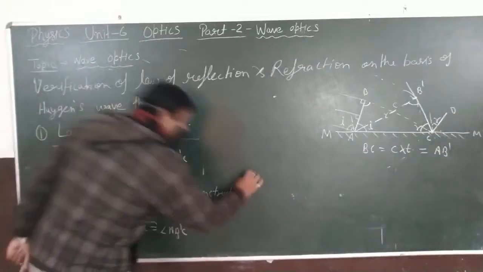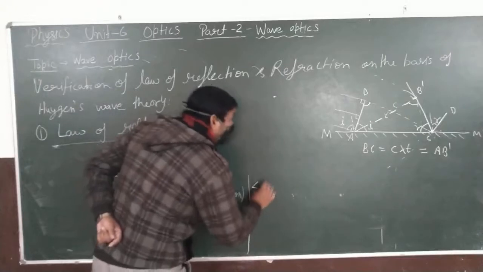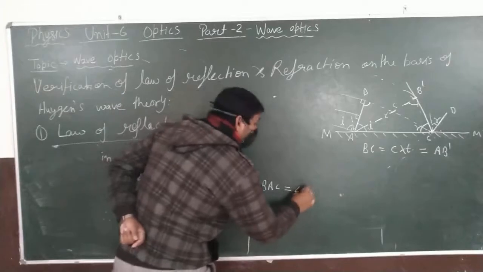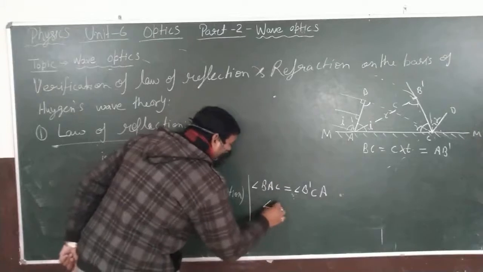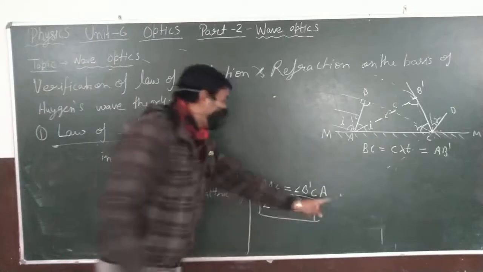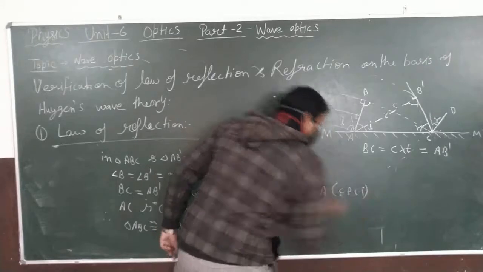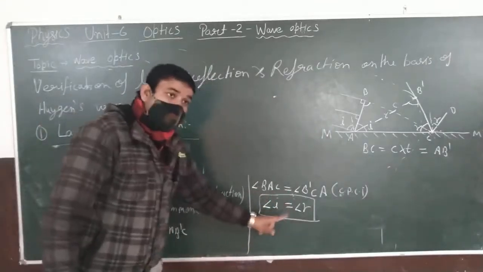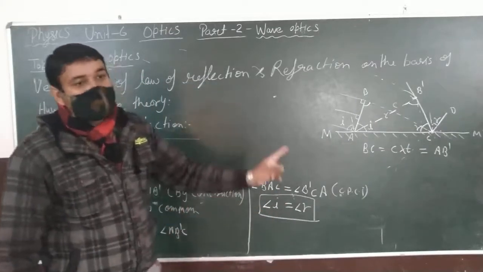Therefore, angle BAC is equal to angle B'CA, which is angle I equal to angle R. This is by congruency, since corresponding parts of congruent triangles are equal, and this is the first law of reflection, that the angle of incidence is equal to the angle of reflection.